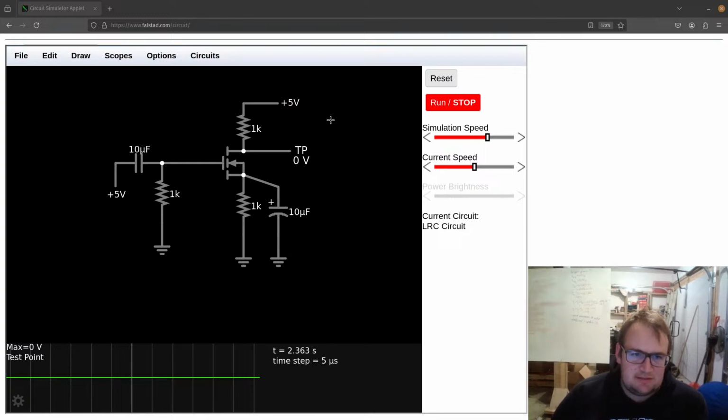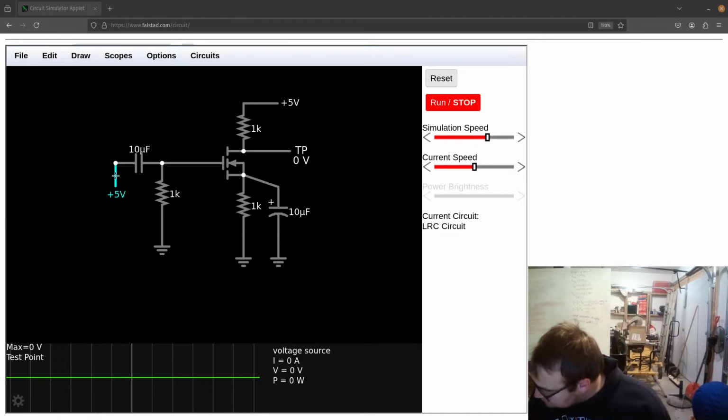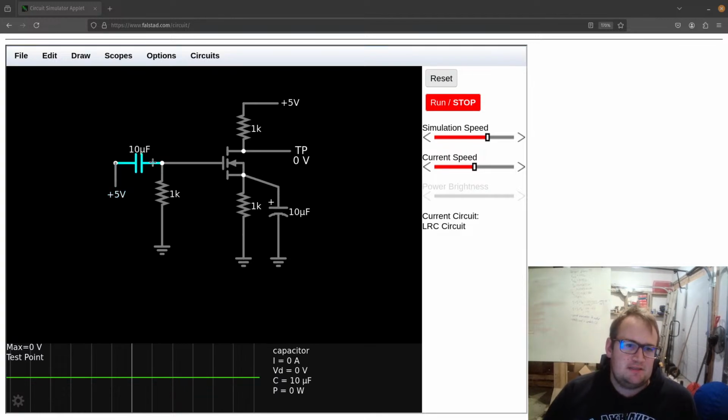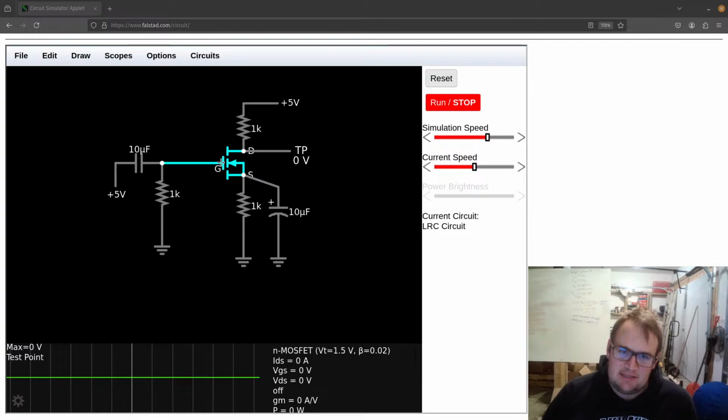Yeah, so let's just look at this circuit here. So first things first is this common source amplifier source follower. One thing is that these gates are very high impedance. So this capacitor will only discharge through this resistor. It's not going to discharge anything into this gate.